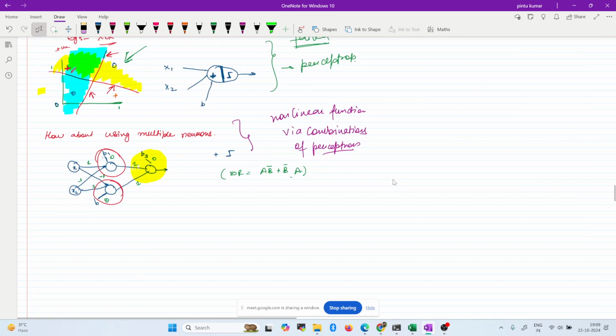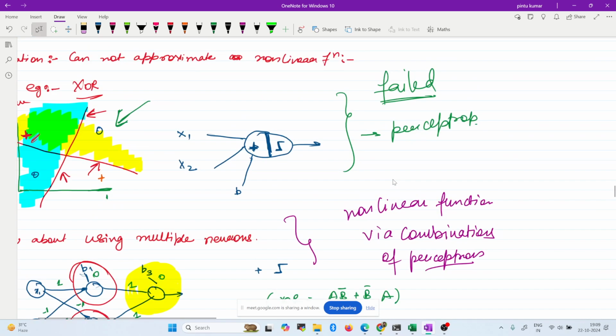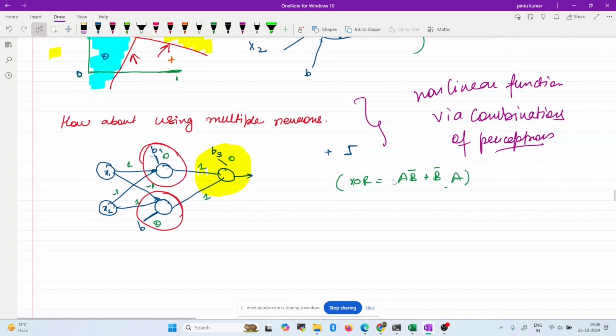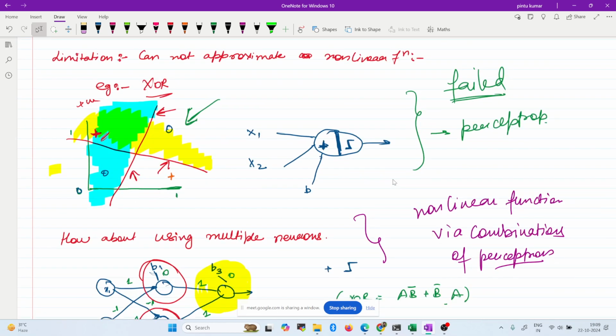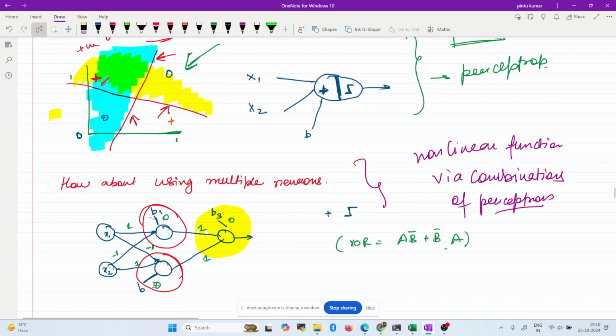So we saw up to a point that we had something called the perceptron that was proposed. And then we saw an example which we can't separate via a perceptron. So what we suggested is we will use multiple perceptrons together.